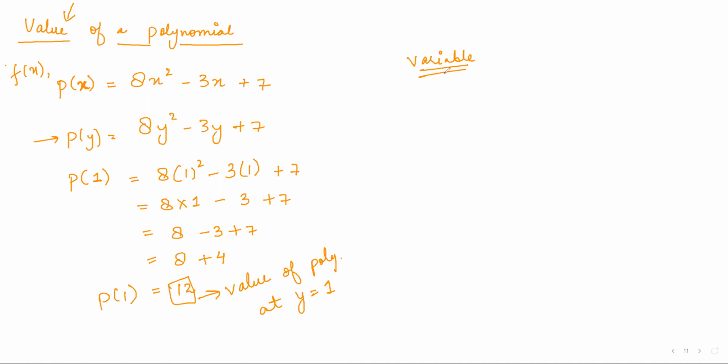Right? Similarly, I can take up a different value of y. Let me take y is equal to 2. So let me try to find out at y is equal to 2. So what does it become? 8 into 2 square minus 3 into 2 plus 7. So that becomes 8 into 2 into 2, 4, minus 3 into 2, 6, plus 7. Okay, 4 into 8 is 32, minus of 6 and plus of 7. So that means 32 plus 1, that is 33.